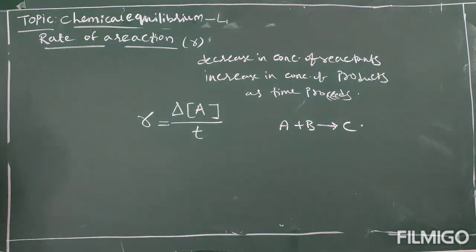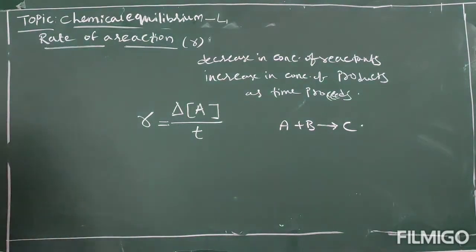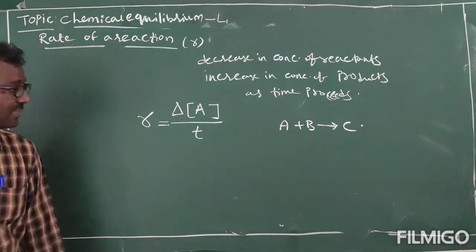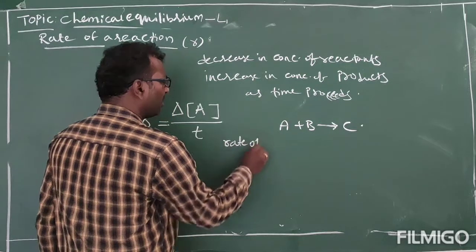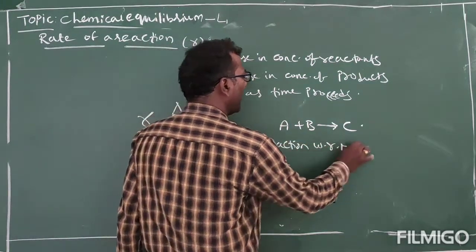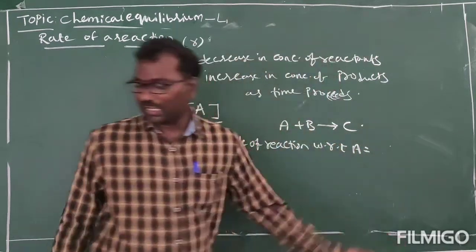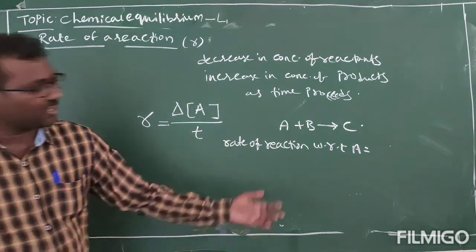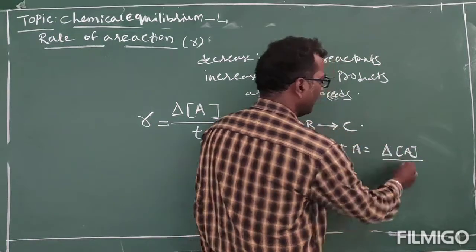Why is it like that? With respect to A, the rate of reaction will be change of A only. With respect to B, change of B only. See what we are saying here. I will write here, rate of reaction with respect to A is nothing but change in concentration of A by time.